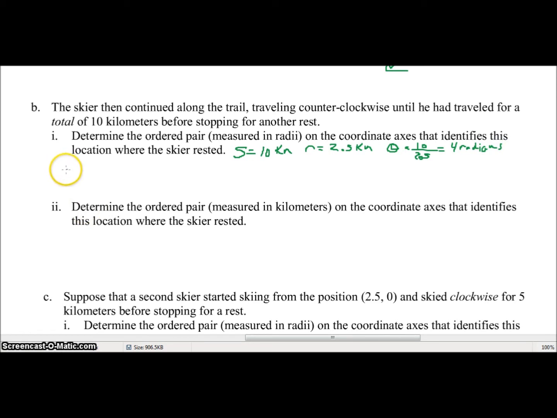That means that the ordered pair of the position is cosine of theta, sine of theta, or cosine of 4, sine of 4, which is negative 0.65, negative 0.76.